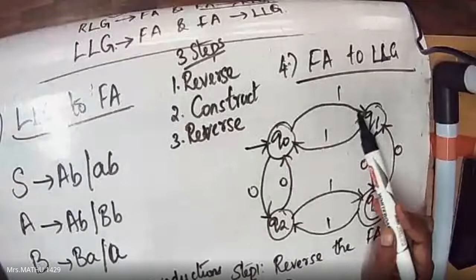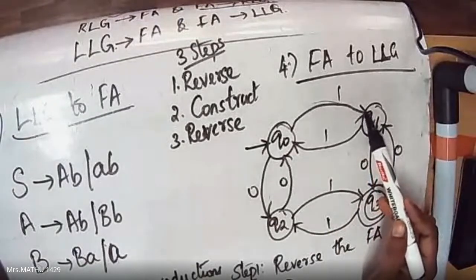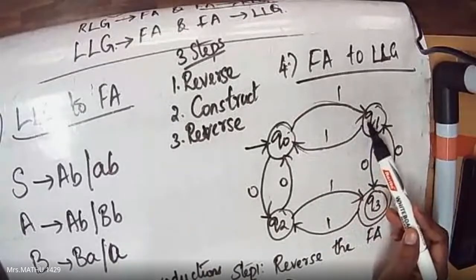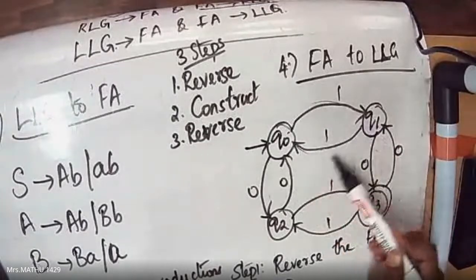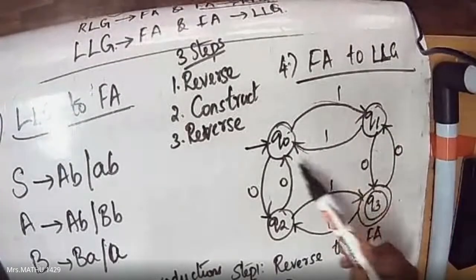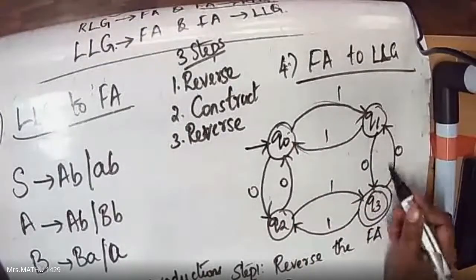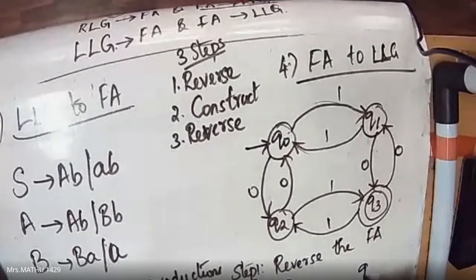When you reverse this edge, the direction will be reversed here, and again when this is reversed, this will be moved to Q1. So when you reverse both the edges, again it will look like a loop in all the edges. So what will you get?